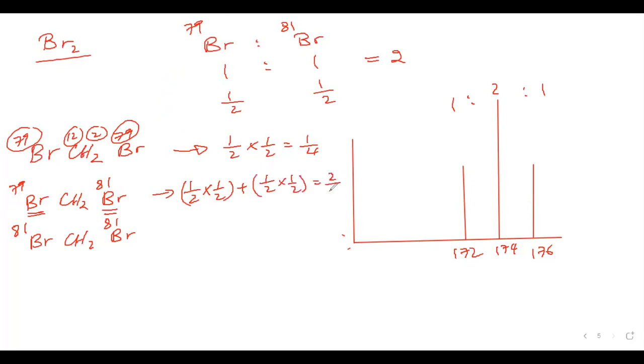So we get 2/4. Or the third probability, that both of them are 81, so it will be half times half, and this makes 1/4. So the ratio is 1/4 to 2/4 to 1/4, so the ratio is 1 to 2 to 1. Understand, Lara? Yes, I understand. Okay.